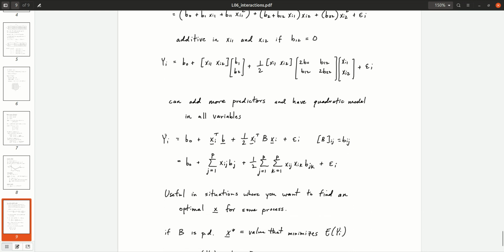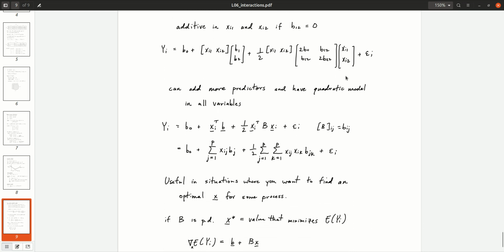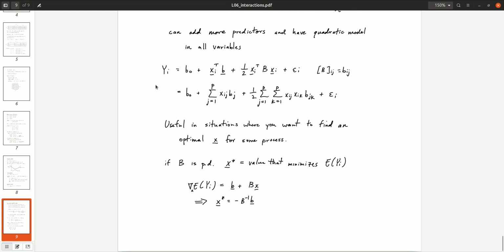So this notation for the model helps us to extend this to more than two variables. Essentially what we do is we have xi1, xi2 up to xip, b1, b2 down to bp, and then this thing becomes a p by p matrix. So that's what's given in this formula here.